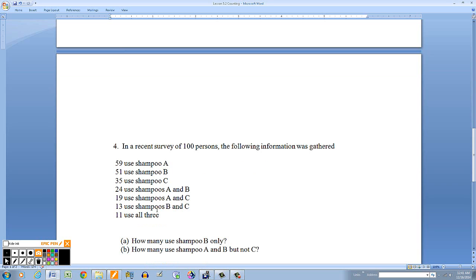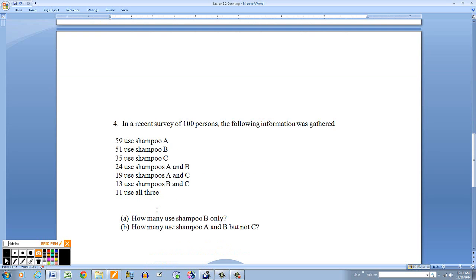The questions we have here are how many use shampoo B only, and how many use shampoos A and B but not C. So one way to solve this type of problem, or similar problems, is to draw a Venn diagram.